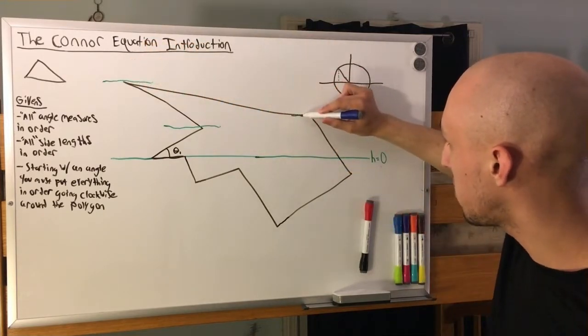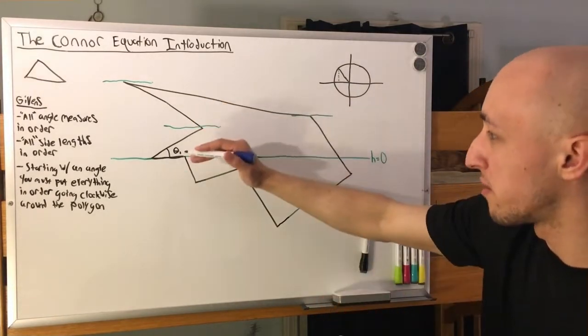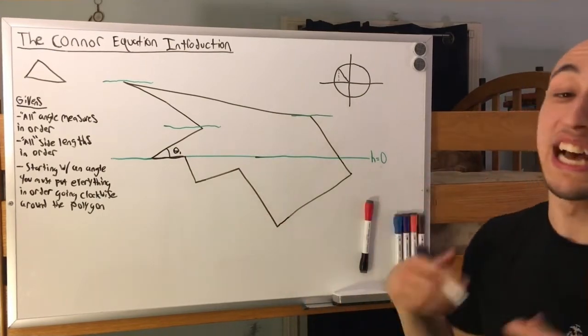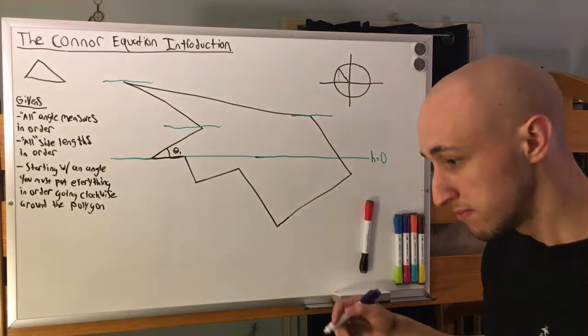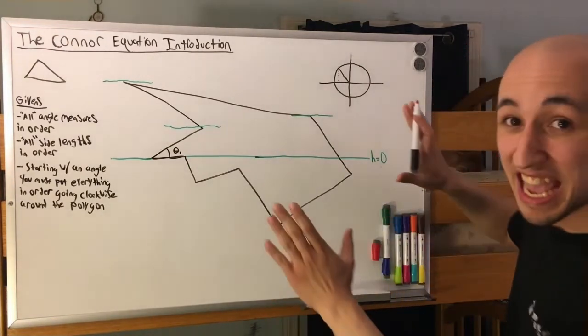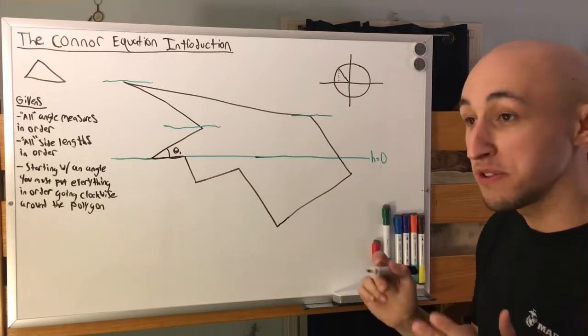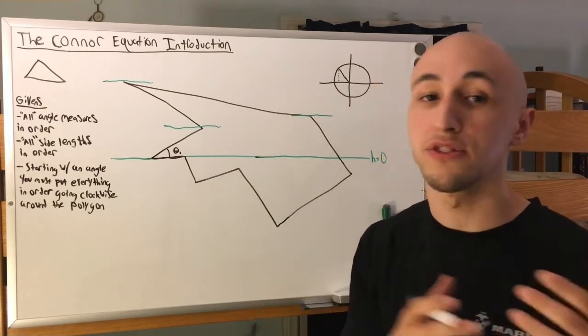We're establishing these lines that are parallel to the x-axis, or what we have established to be the x-axis. The idea is we take our crazy polygon and very simply split it up into trapezoids or triangles.